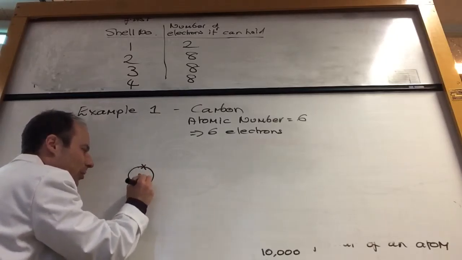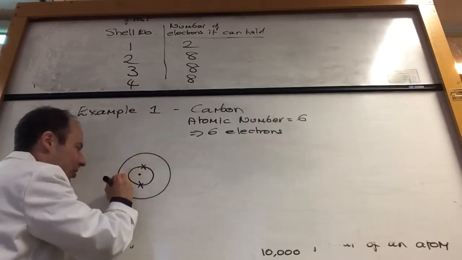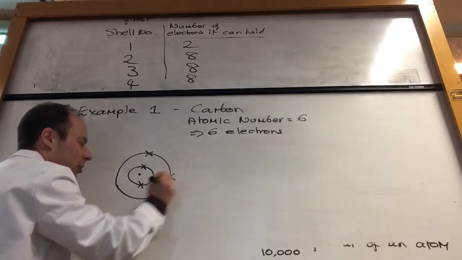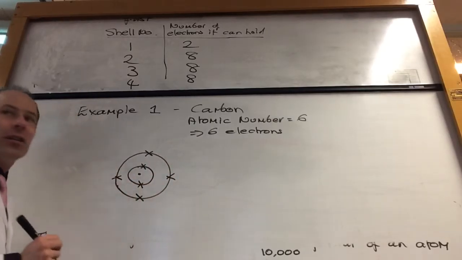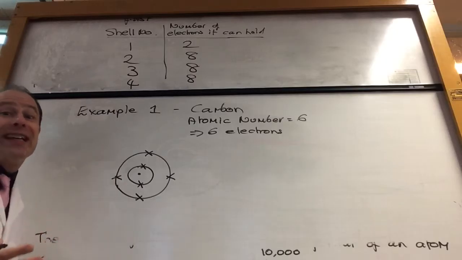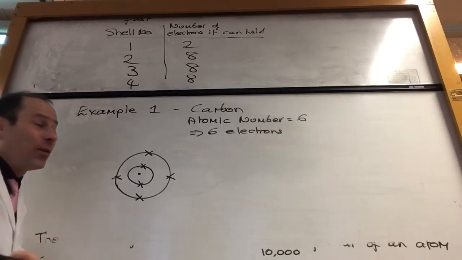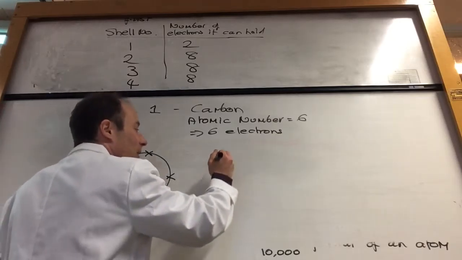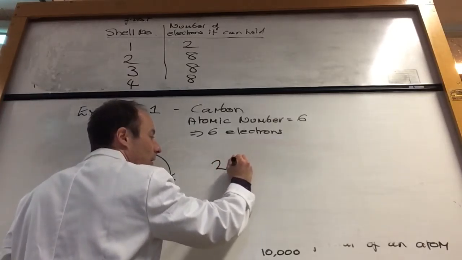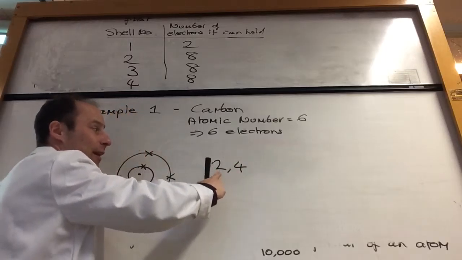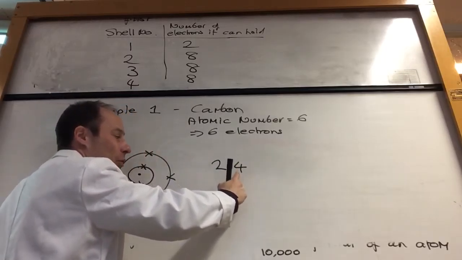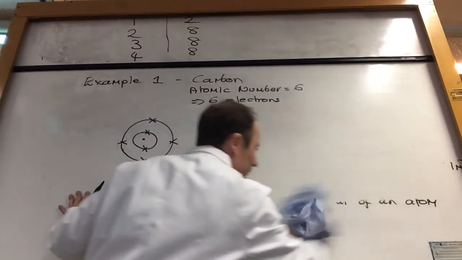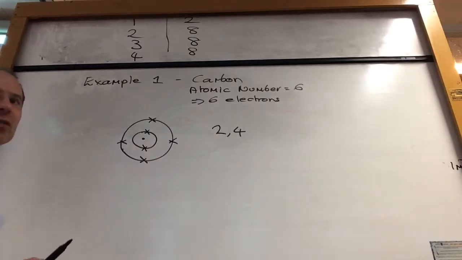So I'm going to put 2 little crosses like so. And into shell number 2, I've got 4 left over. So 1, 2, 3, 4, like so. Now that gets really tedious doing it that way. So I can simplify that by just putting 2, 4. 2 electrons in my first shell, 4 electrons in my second shell. Because it saves having to do circles.